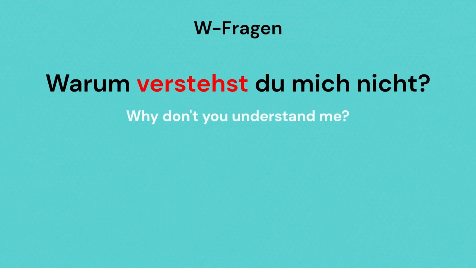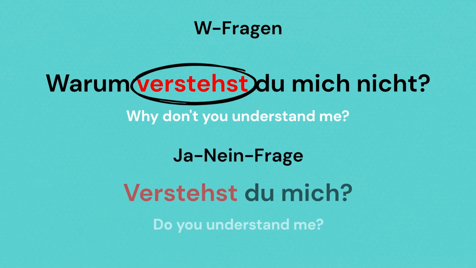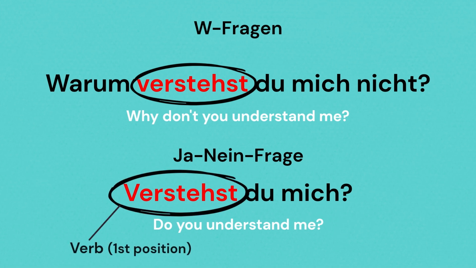In the case of W-Frage, warum verstehst du mich nicht? Here again, the verb is in the second position and conjugated. In the case of a Ja-Nein-Frage, verstehst du mich? Like all other verbs, untrennbares Verb will also be in the first position and conjugated. The prefix is not separated.